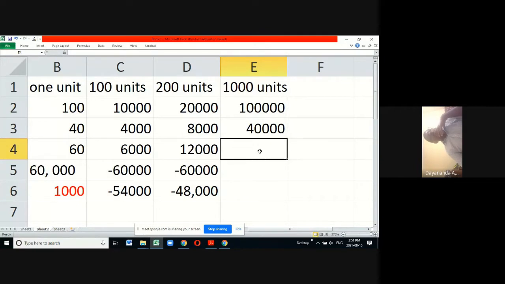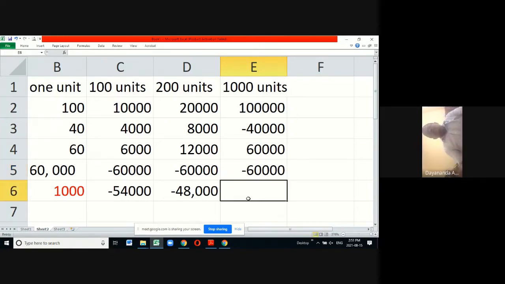And also the total contribution would be 60,000. Okay, you can put this within brackets, within minus, no problem. This is also minus the 60,000, which is fixed cost. So thereby profit would be 0. Yeah.